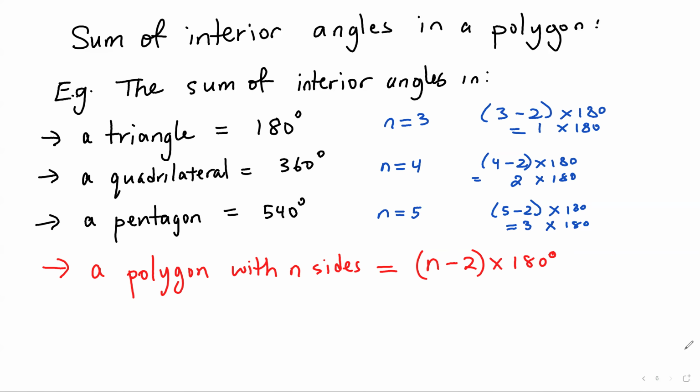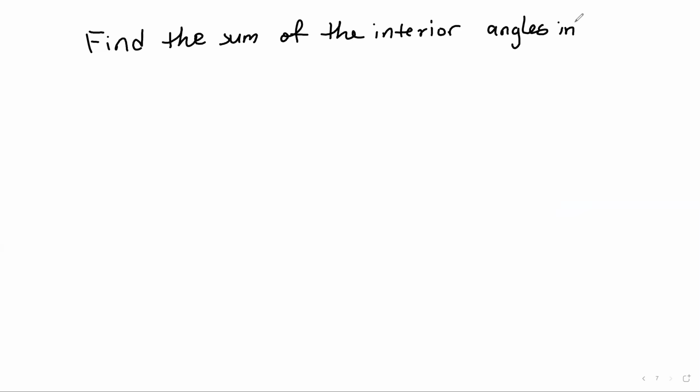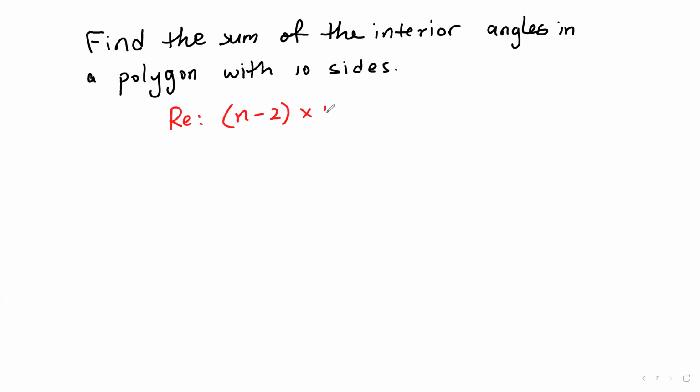So an example would be, let's say I wanted to find the sum of the interior angles in a polygon with 10 sides. Well, recall the formula: n minus 2 multiplied by 180 degrees.